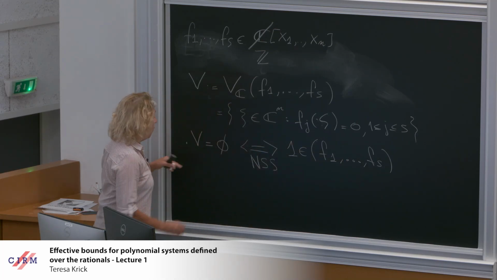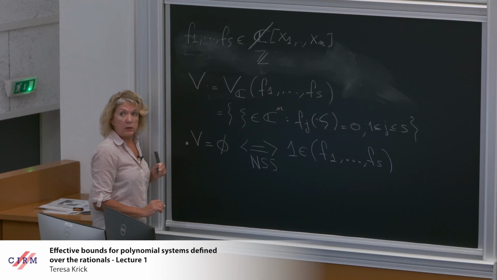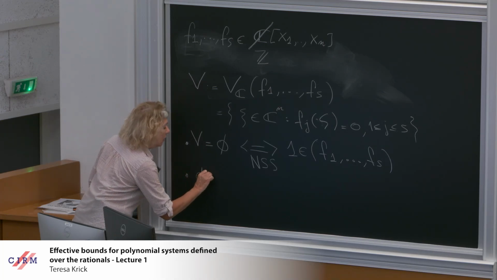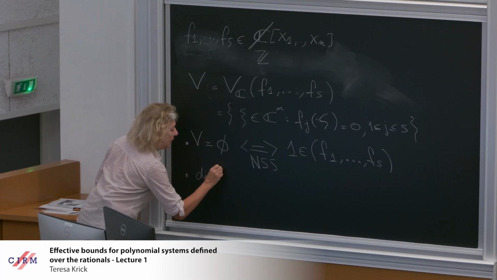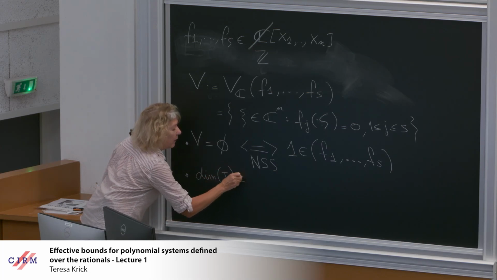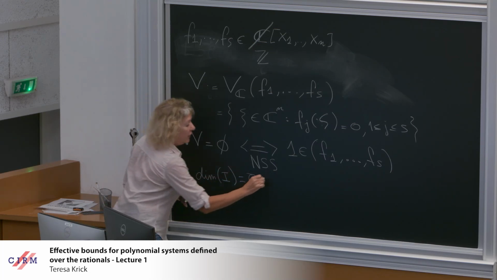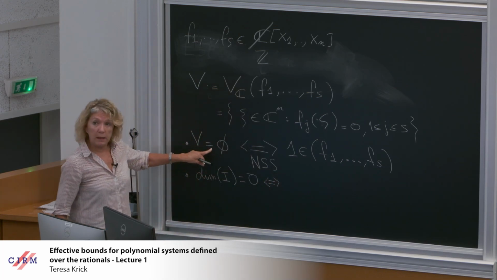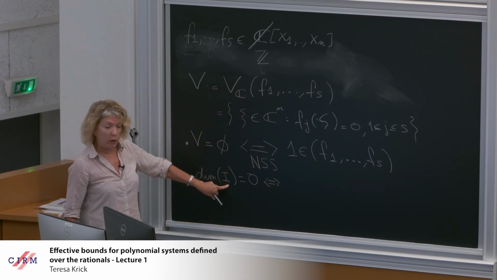Okay, so this is one of my conditions. And the other setting will be the case that we call dimension 0. So this, by definition, is the variety defined by these polynomials.